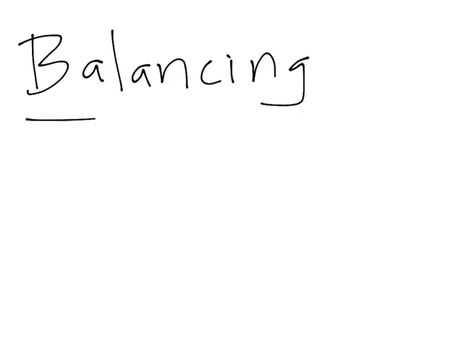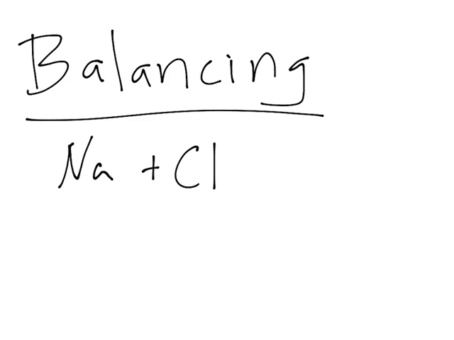Balancing. Let's start with a very basic and simple example. Like you have sodium here, and it reacts with chlorine. Because chlorine is diatomic, it'll have a 2 there. Now, what this reaction yields is sodium chloride, or what we commonly call salt.